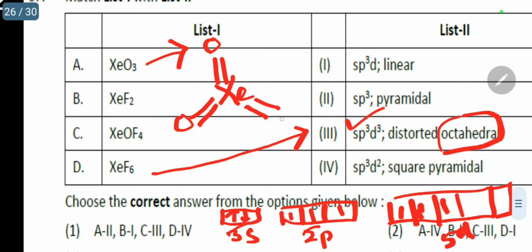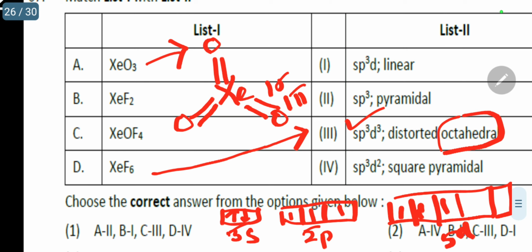This is the structure of xenon trioxide. In each case 1 sigma and 1 pi, so there are 3 sigma, 3 pi. As per valence bond theory, pi bonds are not taken into account for the shape, but the hybridization is sp3d3.